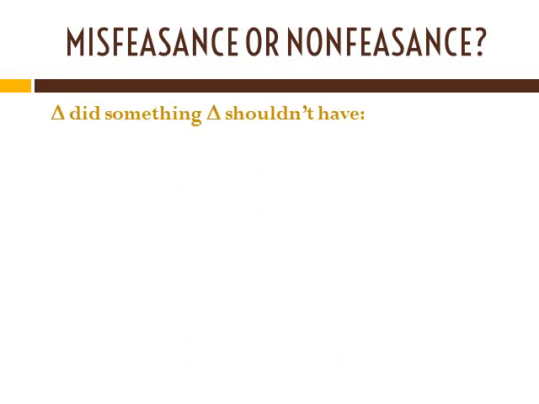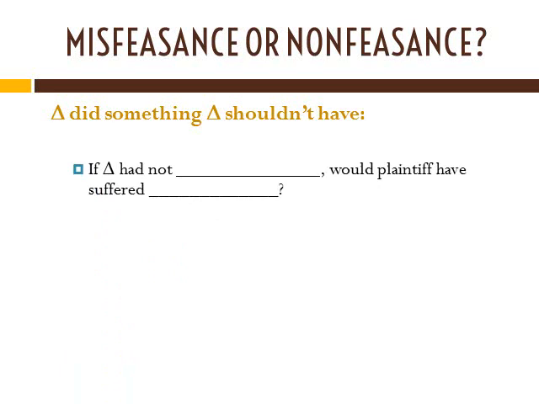If somebody did something they shouldn't have, you would frame the question as, if defendant had not blank, would plaintiff have suffered blank? The first blank goes the negligent act, and the second one goes the harm. If defendant had not been driving drunk, would the plaintiff have suffered a broken back in the car accident?